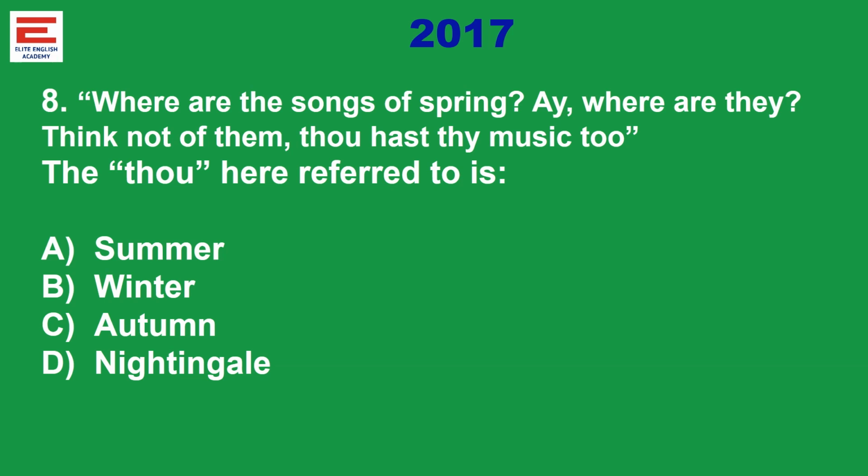So Ode to Autumn is written by Keats, right? When he is talking about autumn, he is talking about the cider press and how the apple crush is made. Then afterwards he makes this line: where are the songs of spring? Where are they? Think not of them, thou hast thy music too.